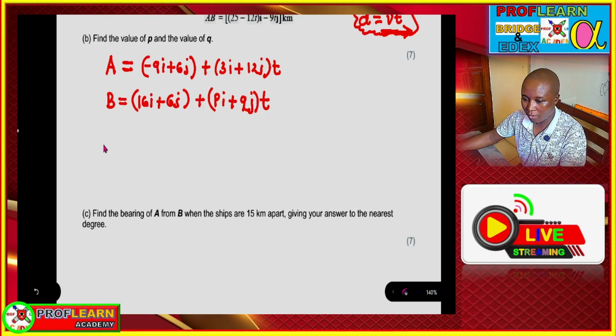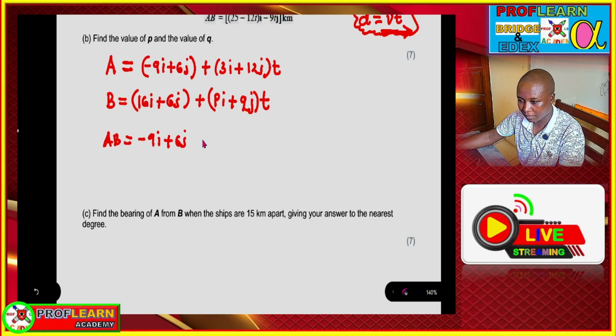Okay, so if we are finding AB, that is going to be the position vector of B minus the position vector of A, and that is going to translate to -9i plus 6j plus 3i plus 12j.